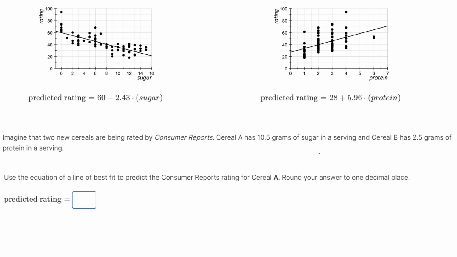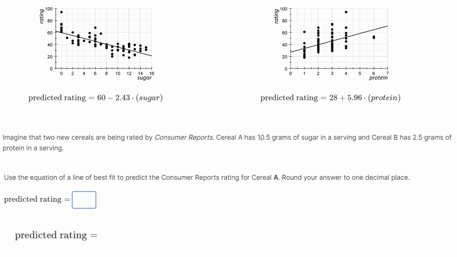Very good. So what is the predicted rating for cereal A when you have 10.5 grams of sugar? Take a look.